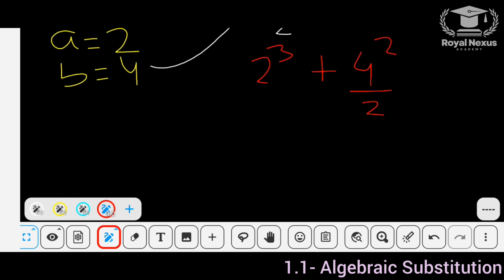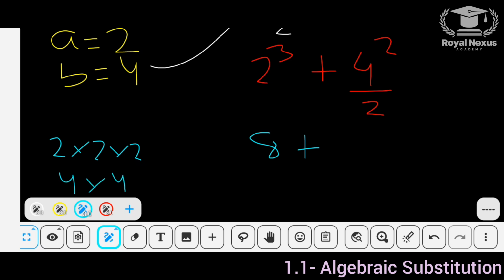Okay, so now moving on, 2 raised to the power 3 means 2 times 2 times 2, so 2 times 2 is 4, and 4 times 2 is 8, so it's 8 plus what is 4 raised to the power 2? 4 raised to the power 2 means 4 times 4, so it's 16 over 2.